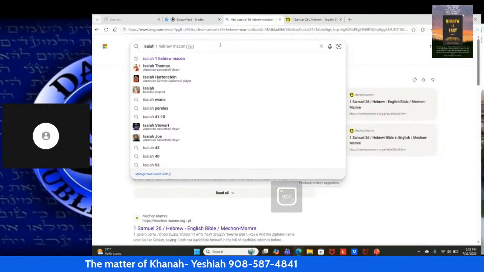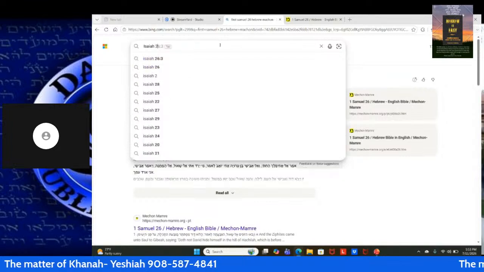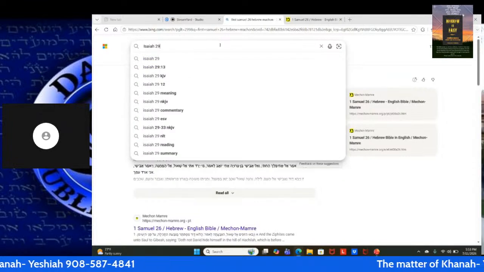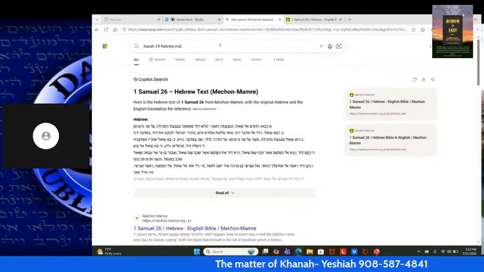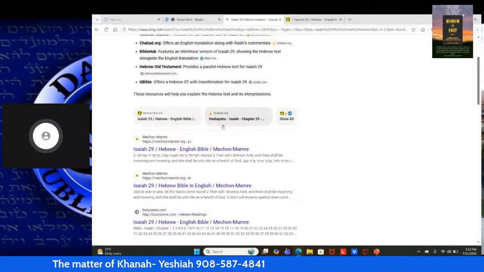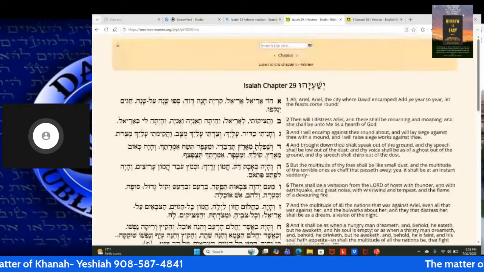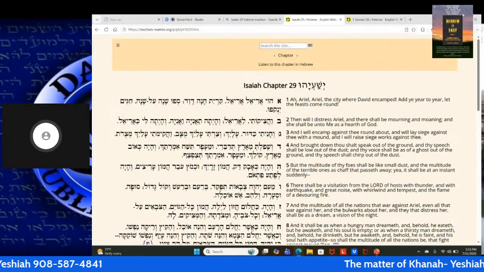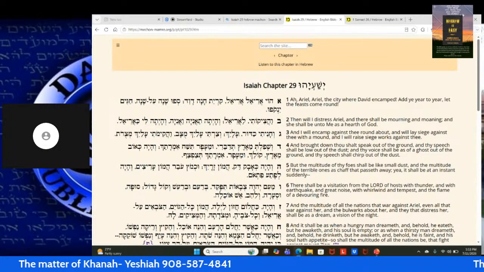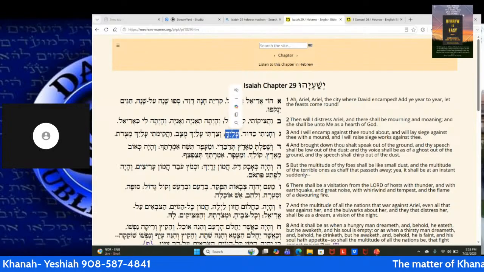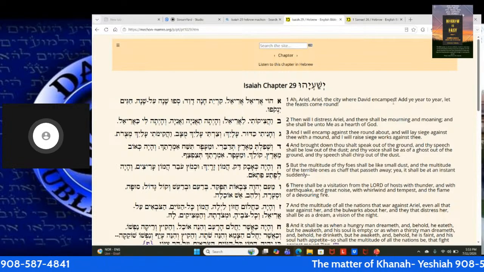Isaiah 29 in the Hebrew, and let's see what it says in that particular case. It says in the Hebrew, Wakaniti kadur alayik, meaning concerning you, alayik.